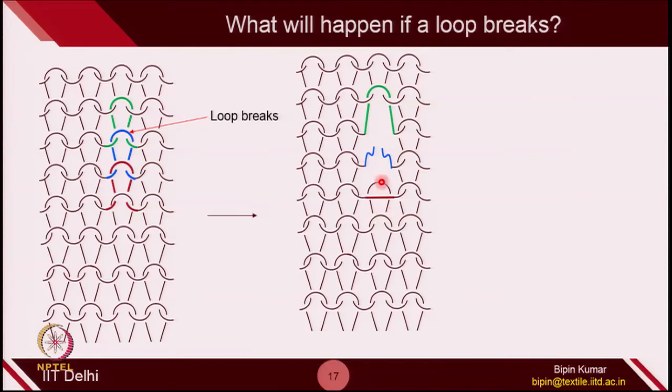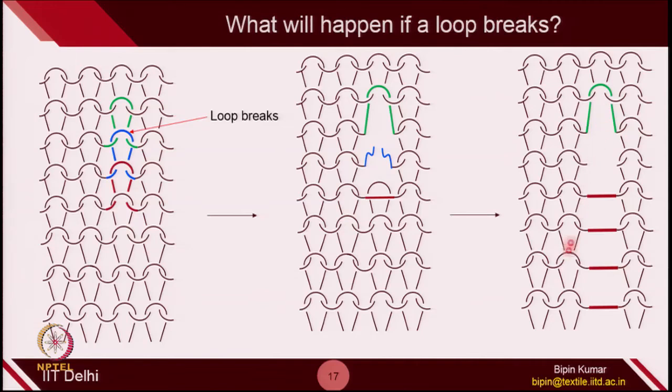The moment this loop becomes straight, it is going to disturb the loops below in the column, and in that fashion all the loops in the same column will be disturbed, and immediately you will observe that the fabric will be completely open or porous, because one of the columns is missing. The reason being, breaking of just one loop can disturb the structure completely.